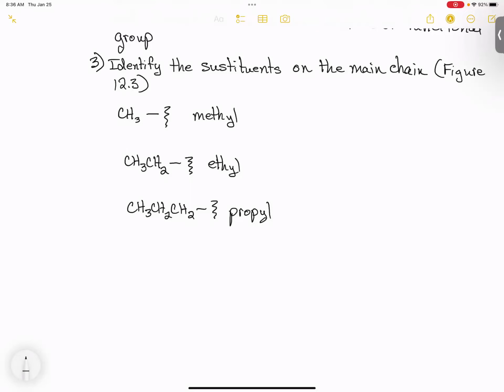Because in this particular one, the main chain was on the end carbon of the substituent.